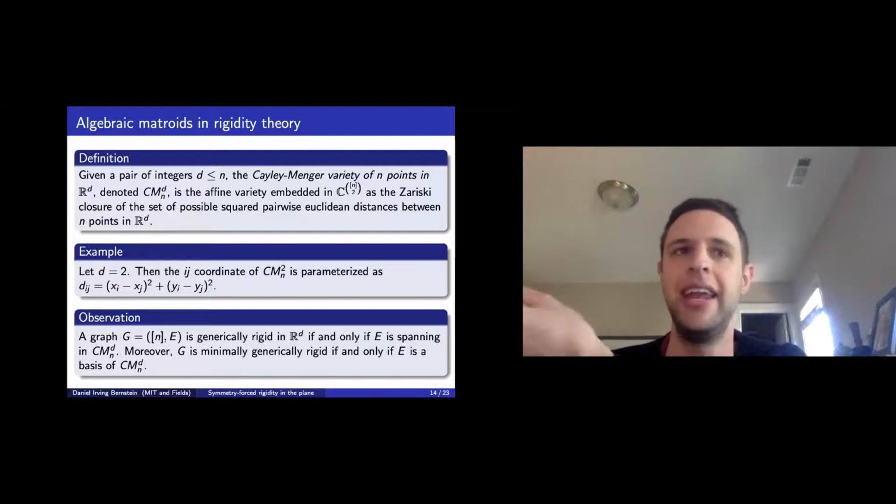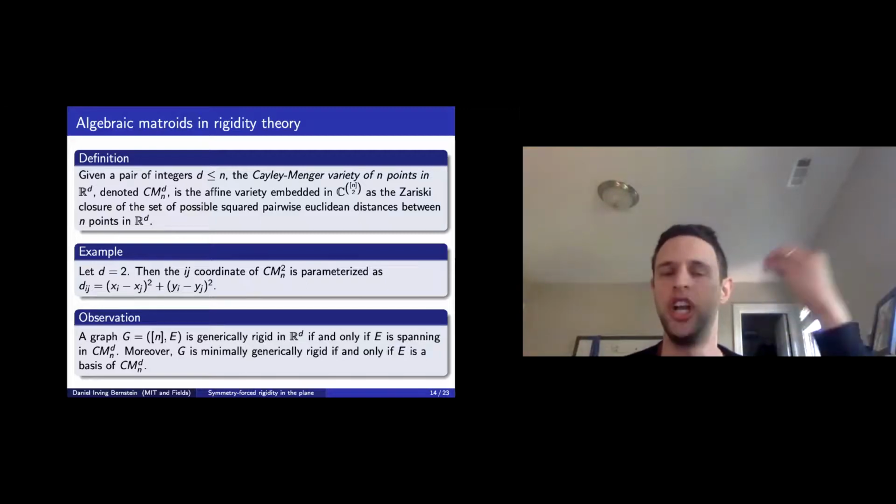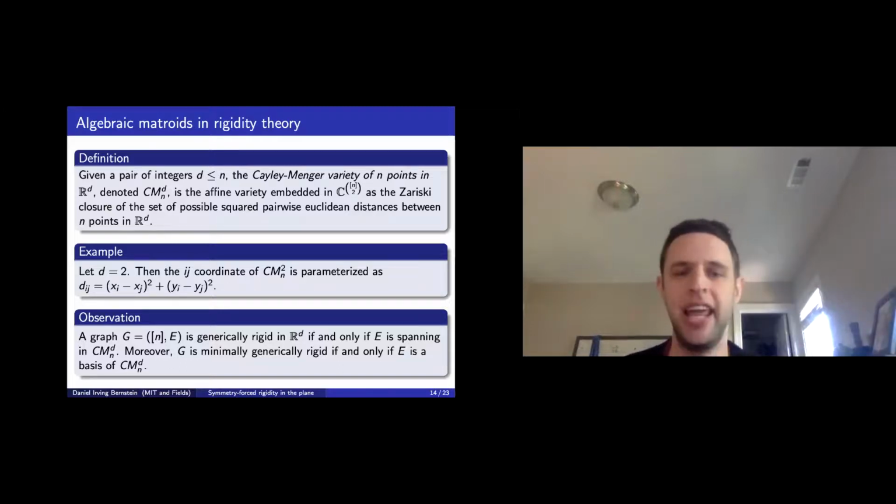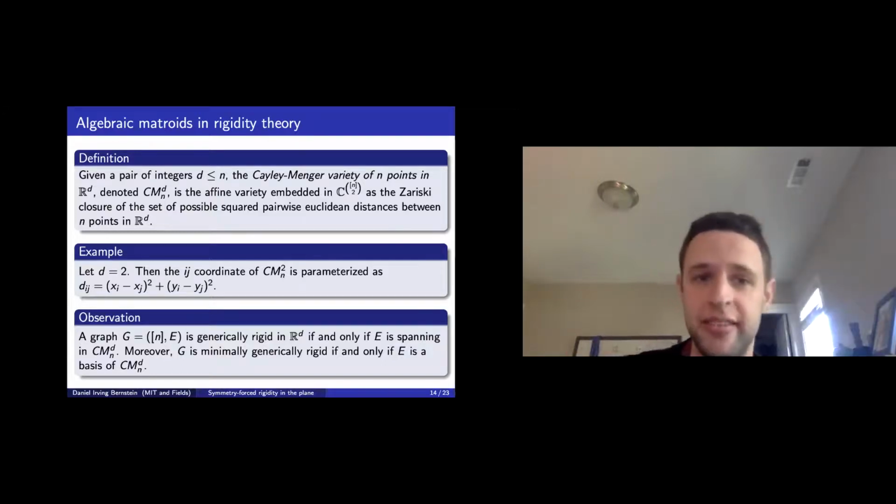What I mean by that is a graph G is generically rigid in d-dimensional space if and only if E is spanning in the Cayley-Menger variety of n points in d-dimensional space. Moreover, G is minimally generically rigid if and only if E is a basis. And just to see intuitively why this is not surprising, what does it mean for a graph to be flexible?